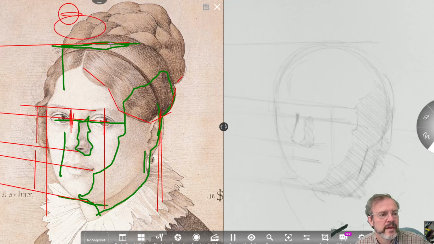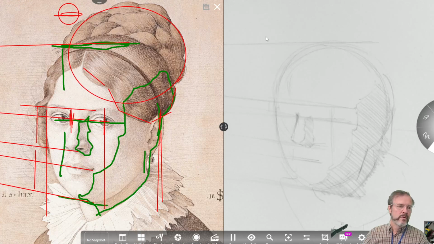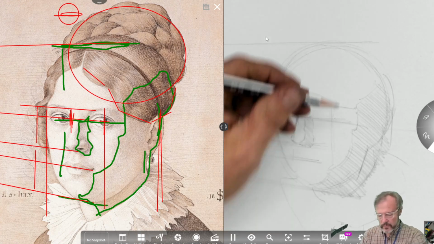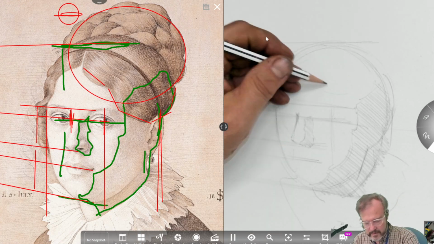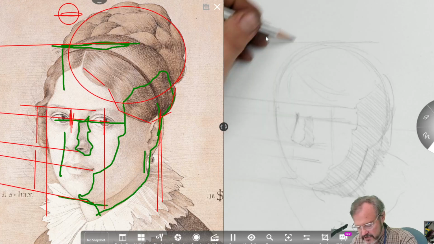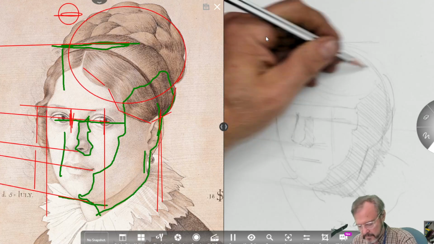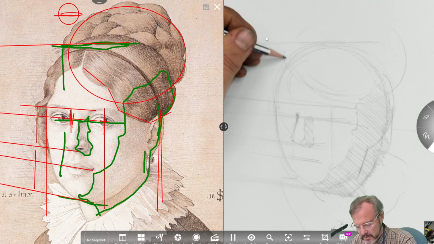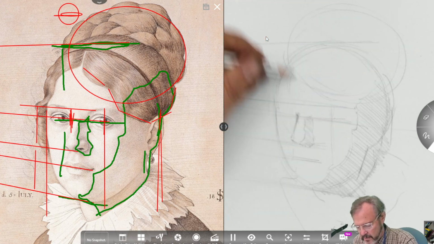I'm going to use this ellipse or egg shape to help guide me rather than blocking it.